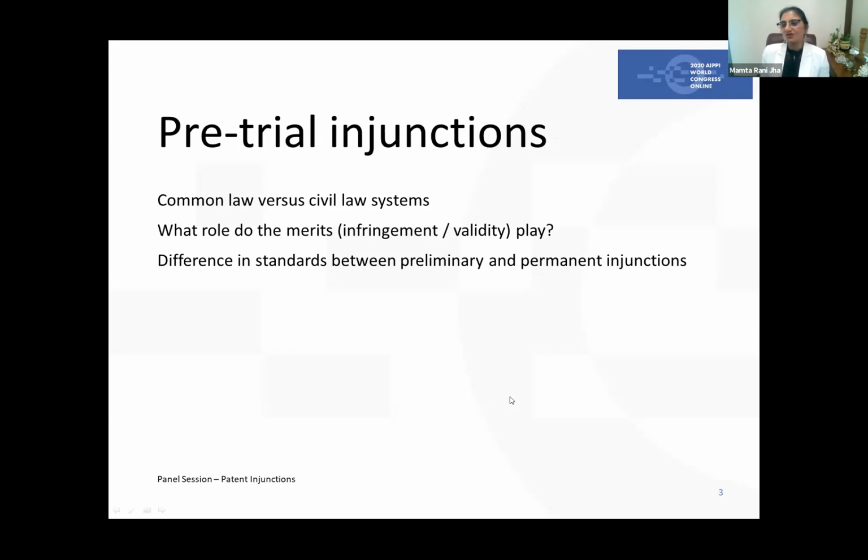Whereas at a trial stage, where the permanent injunction has to be granted, the law of evidence steps in, where all your documents are tested on the touchstone of evidence: whether it has an evidentiary value, whether what you have said in your pleading holds, whether the expert who has deposed something is credible, and whether the other side gets the opportunity of cross-examining the witness and bringing out the facts relevant to their case.